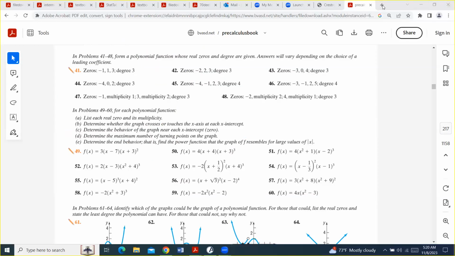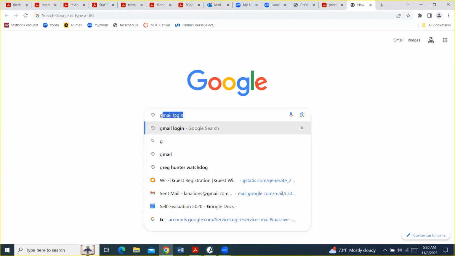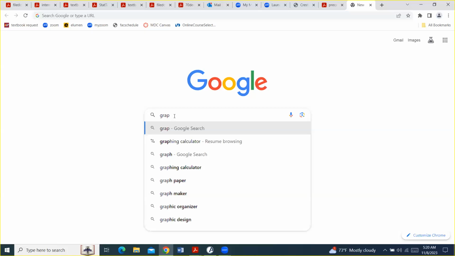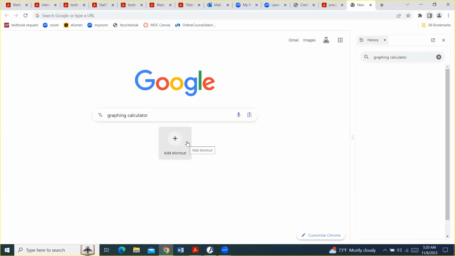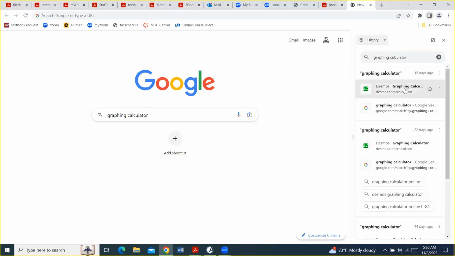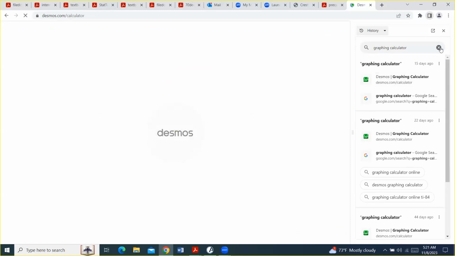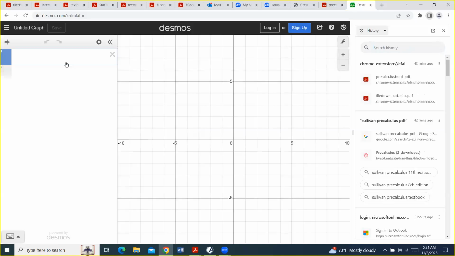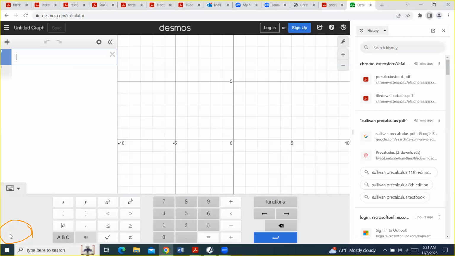Yeah, that's interesting. So you can find a free graphing calculator on Google. Just start typing graphing, and there's a graphing calculator available. So you don't have to buy it. They're pretty expensive nowadays. So we just have to use the keyboard in this lower corner, so that way you can start entering data in the line.